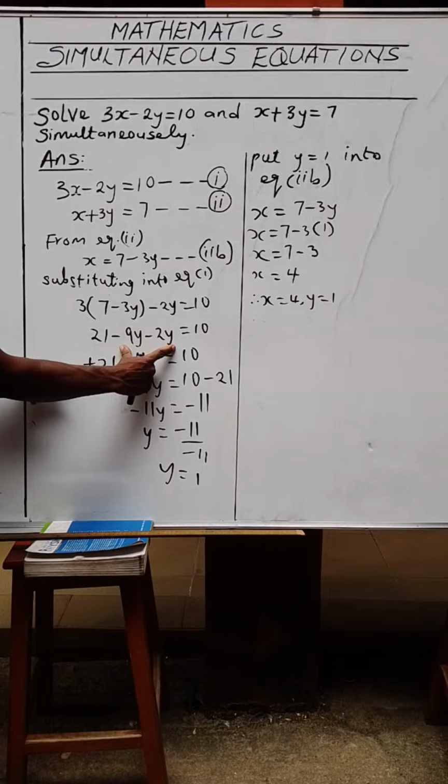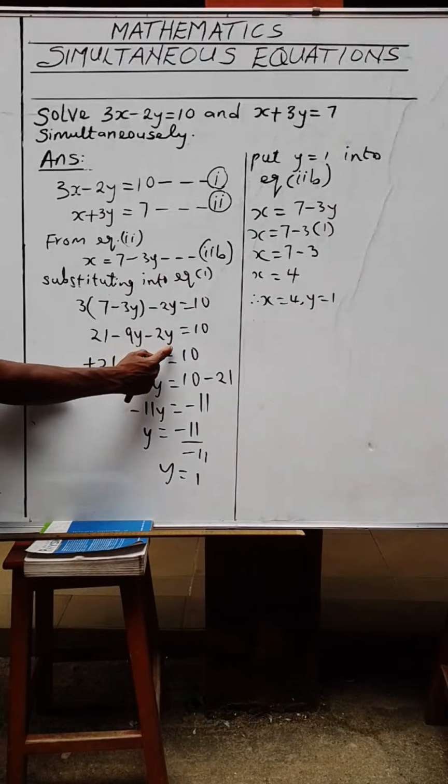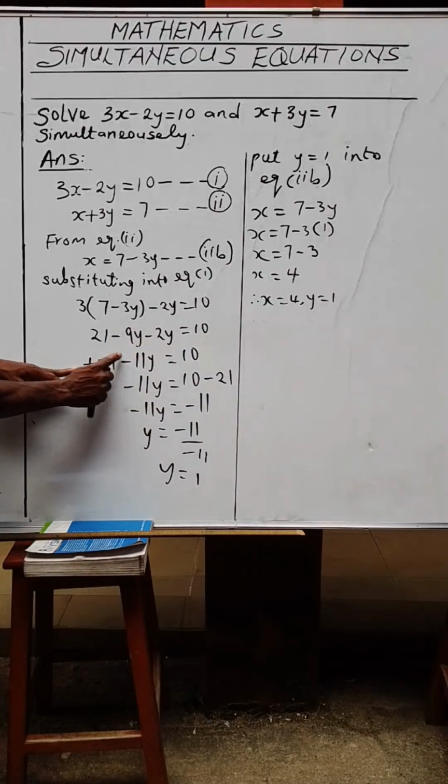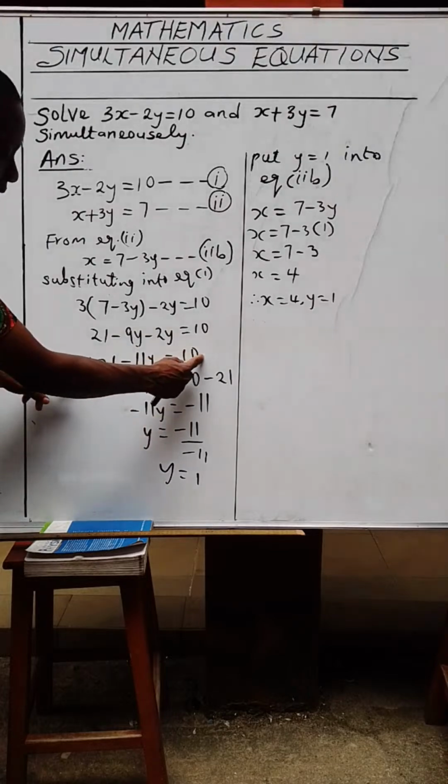If we combine these two, don't forget they are both negatives. So the result of combining these two similar terms will be negative because both terms are carrying negative. So 9 is like saying 9 plus 2 is 11. Then because they have negatives, we put negatives here. So that's minus 11y equals 10.